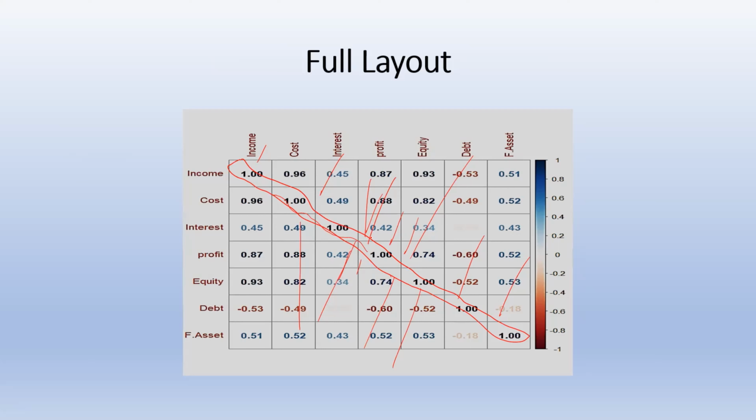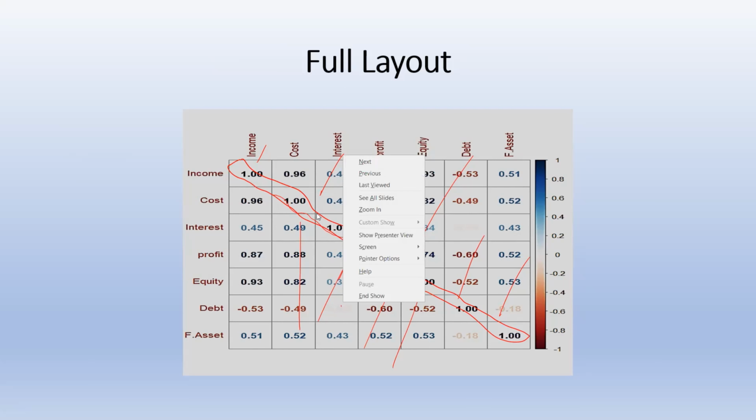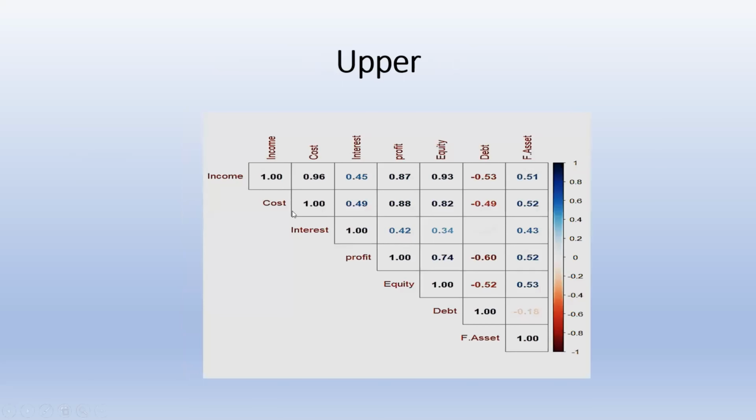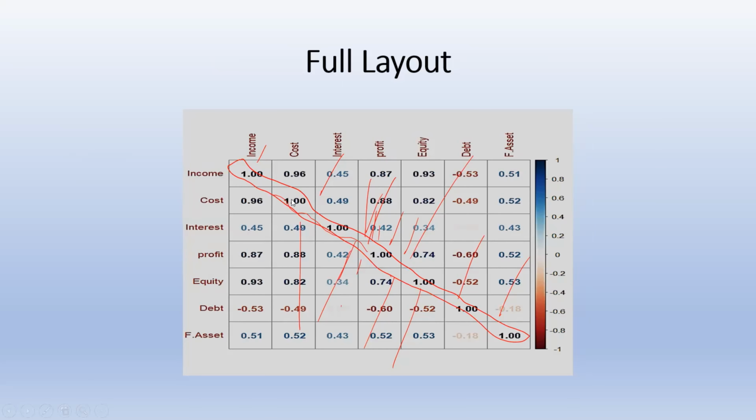This upper part is a mirror image of this lower matrix. So this is about the full layout method. In the full layout we get the lower part as well as the upper part.